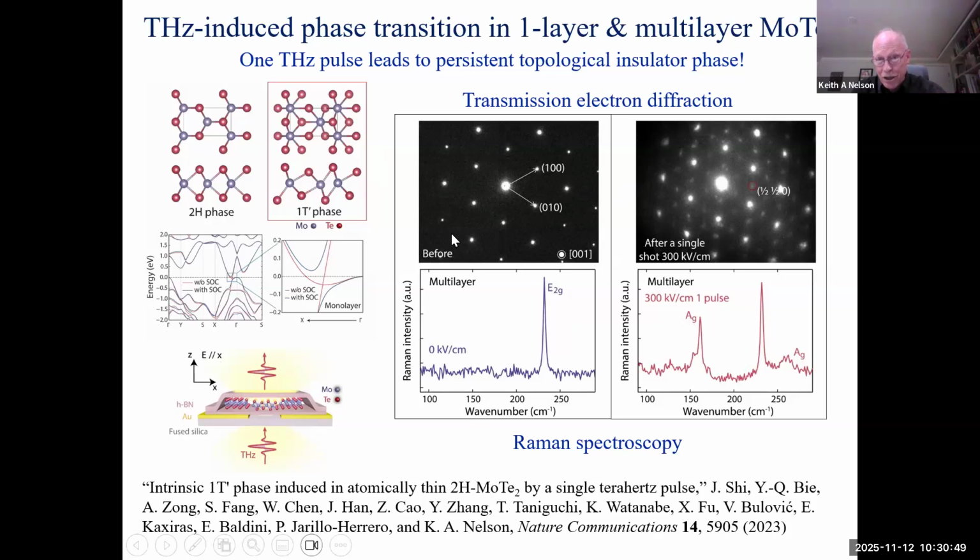This is the electron diffraction pattern of the sample originally. Here it is after just 1 terahertz pulse irradiated it, and you can see there's been cell doubling and so forth. So you can see the electron diffraction pattern is very different. And that's because the material has entered a different phase. It's actually a topological insulator phase that has been induced by the single terahertz pulse.